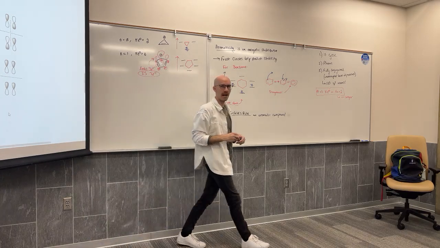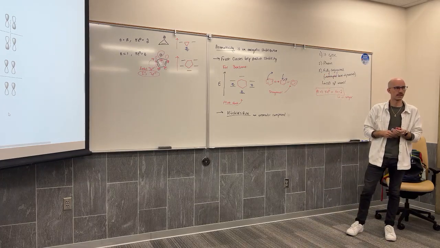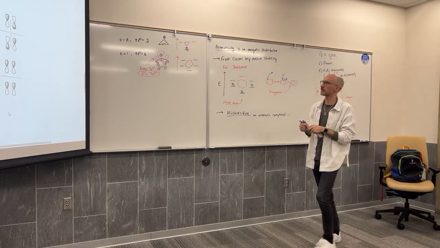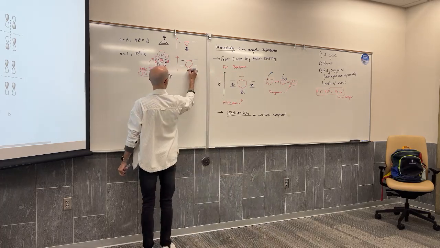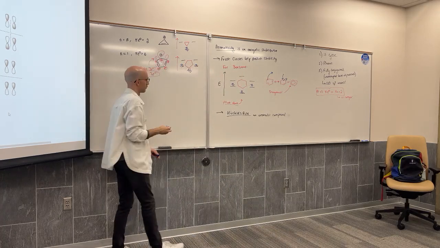And how many pi electrons do I have here? I've got 6. So I'll fill 2 in the lowest, 2 in the next highest, and then another 2.